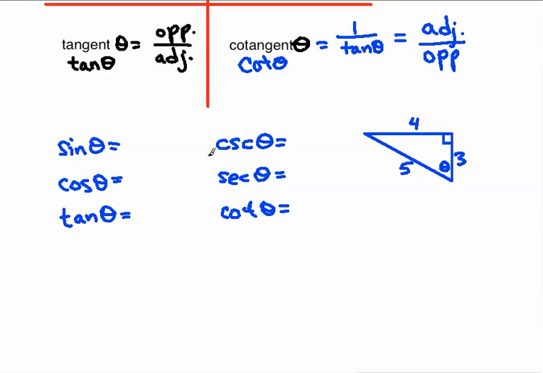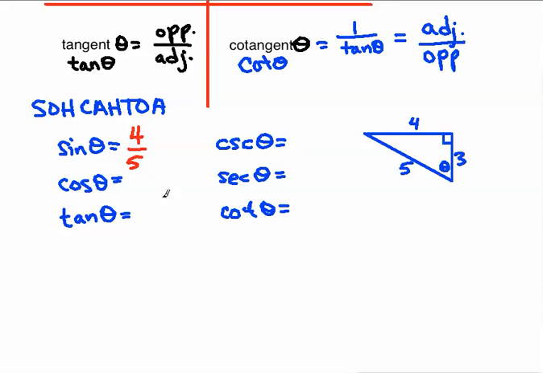So a good first step is to just go through and find sine, cosine, and tangent. And to do that, we're going to use SOHCAHTOA. So sine is opposite, which in this case theta is over here. Opposite is 4 over hypotenuse, which is 5.